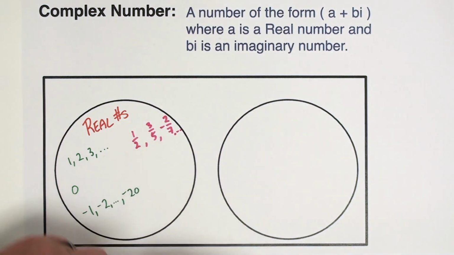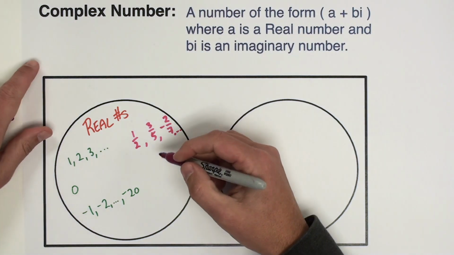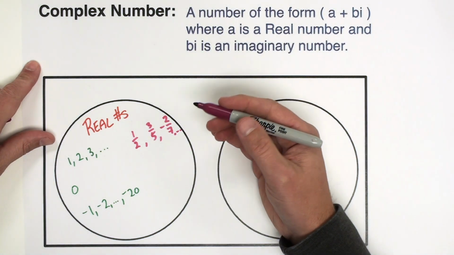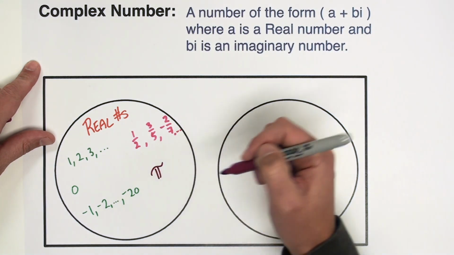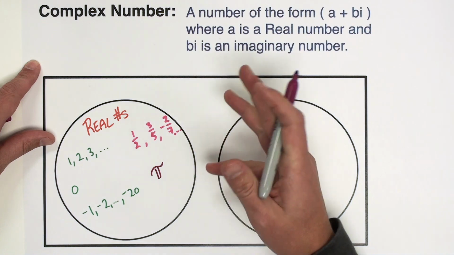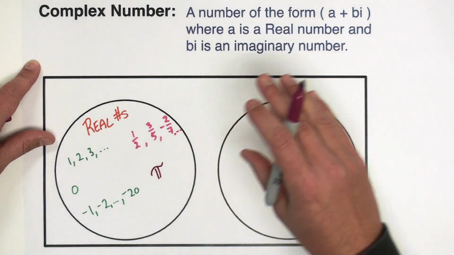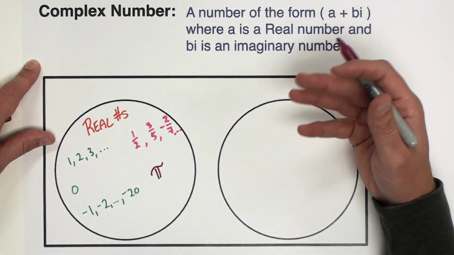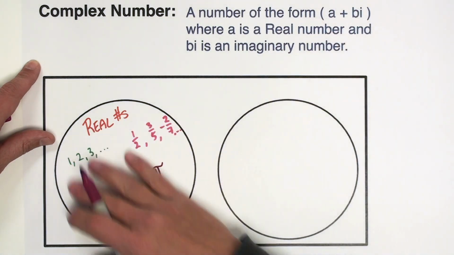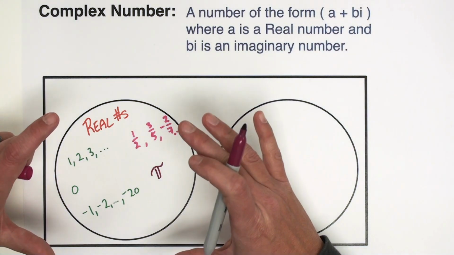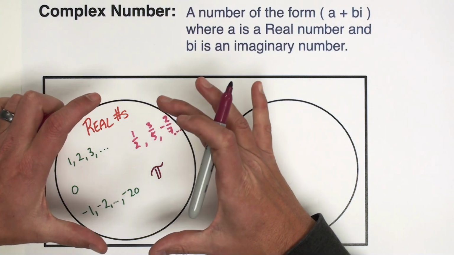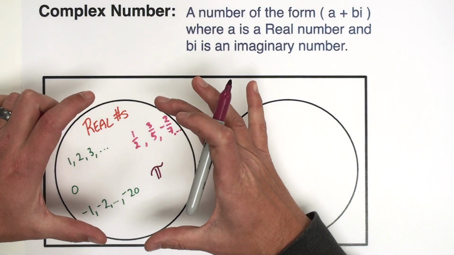We also have numbers that are irrational, okay? So the most famous example that you're probably aware of is the number pi, which is your 3.1415, the non-repeating, non-ending decimal, right? We have numbers like that too. So every number so far that you've ever encountered, they all kind of fit in this circle right here, okay?